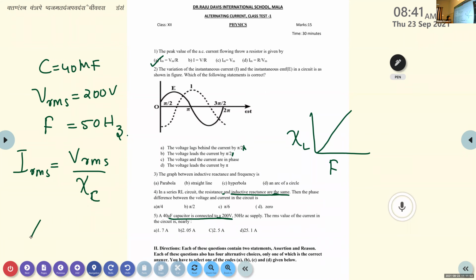How can we calculate chi C? Chi C is equal to 1 by C omega. But here the value of omega is not given, so we can write 1 by C, which is 40 microfarad, into omega, 2 pi f, 2 into 3.14 into 50. What about the value of chi C?